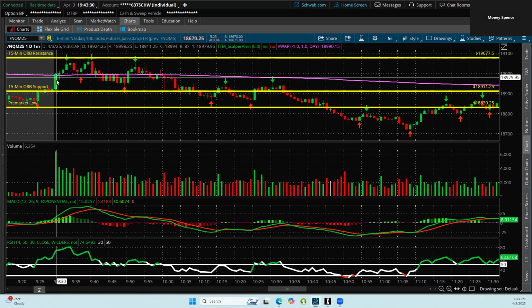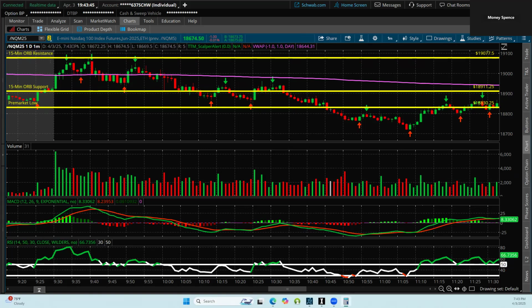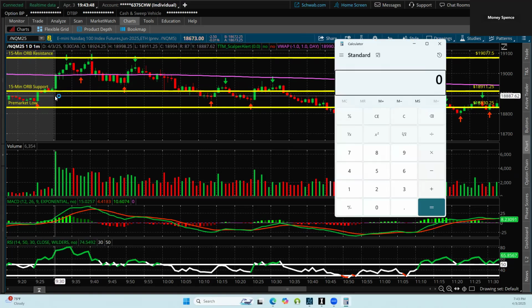So this 1-minute candle right here on the open closed at 18,994, right? That's the closing price of that candle.